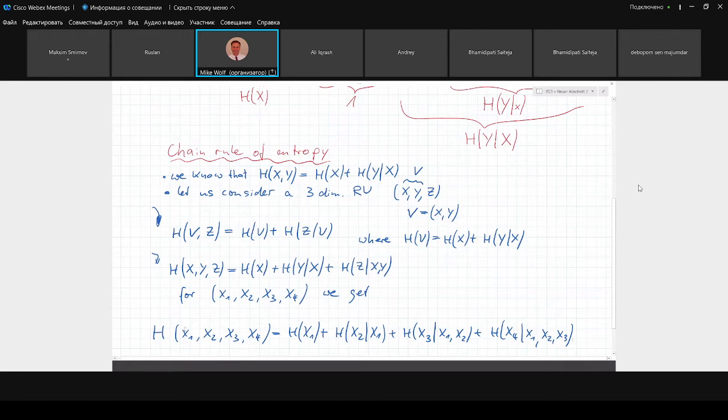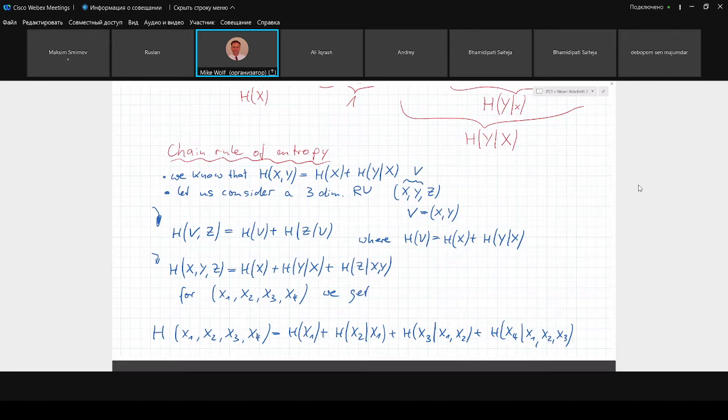But you can have information sources where all these random variables are statistically independent, right? And then in this case, the joint entropy is, of course, h of x1 plus h of x2 plus h of x3 plus h of x4. If they are statistically independent, there's no overlapping in the Venn diagram.